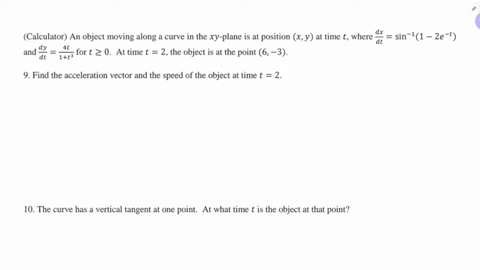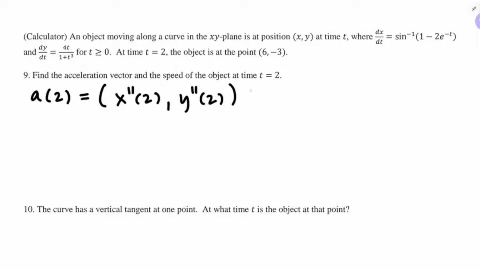But part A, the acceleration vector and the speed of the object at time t equals 2, I'm going to report that I'm taking x double prime of 2 and y double prime of 2.